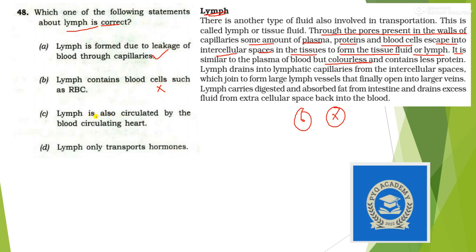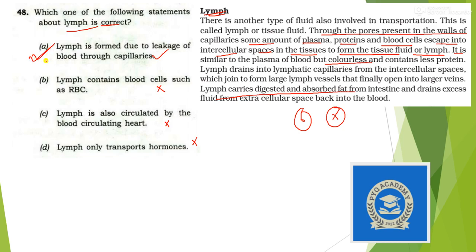Lymph is also circulated by the heart? No, it is not. Lymph drains into lymphatic capillaries from the intercellular spaces, so this is wrong. Lymph only transports hormones? No, lymph carries digestive and absorbed fat also. This is also wrong. So our answer is option A.